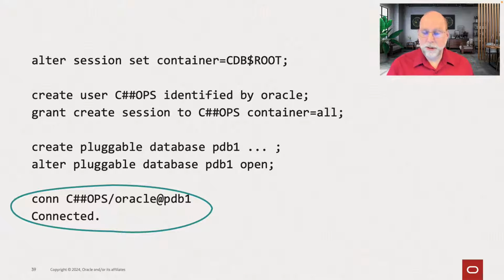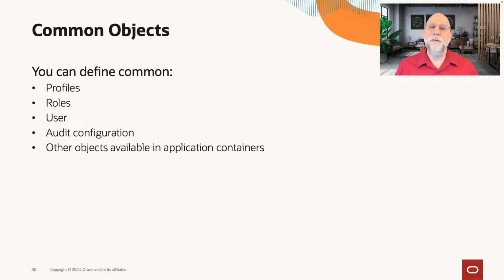So in this case, we create a pluggable database. After creating this common user, we open it and we can connect to it as this common user, and that common user has the privileges we've granted to it. Now, there are other things you can define as common, and many of them are the things that you would need for a common user.